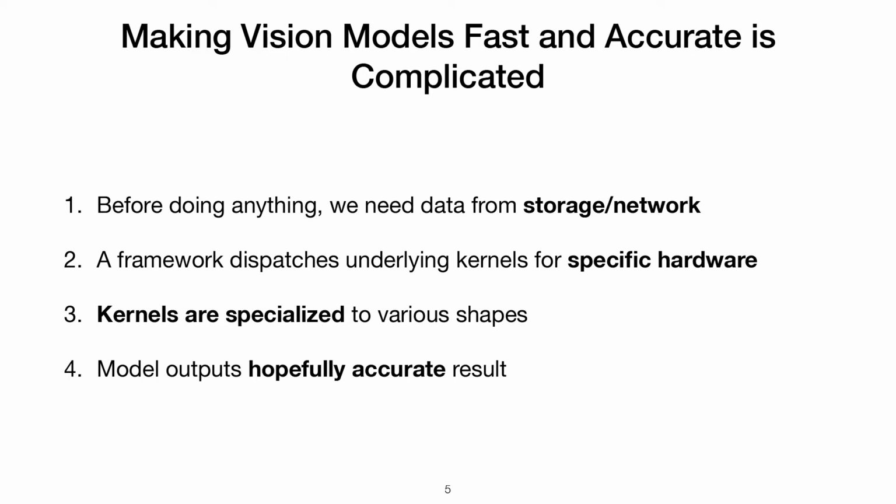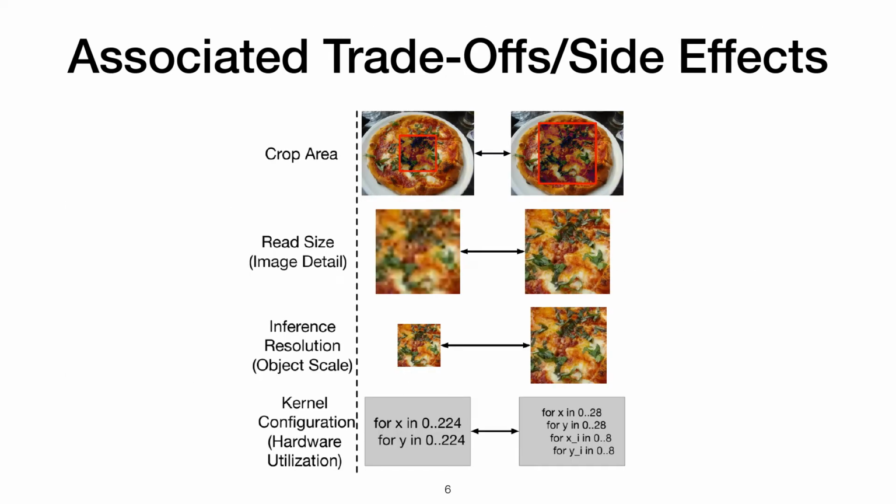The compute kernels that comprise these libraries are then themselves usually specialized for specific shapes, which are dependent on the input resolution of the model, as the intermediate shapes of the model are derived from the input shape. Finally, circling back to the issue of apparent object scales, we hope that the model's output is accurate given its test time object scale.